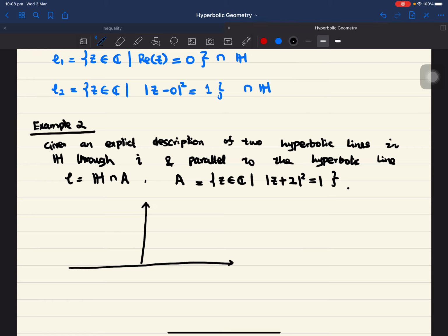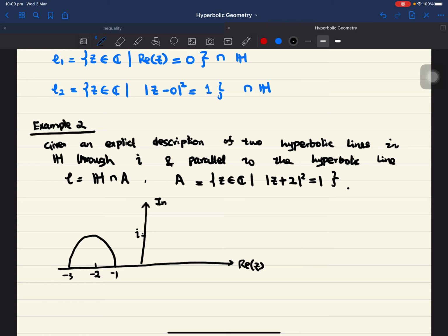So it is centered at minus 2 and has radius 1, so that's i.